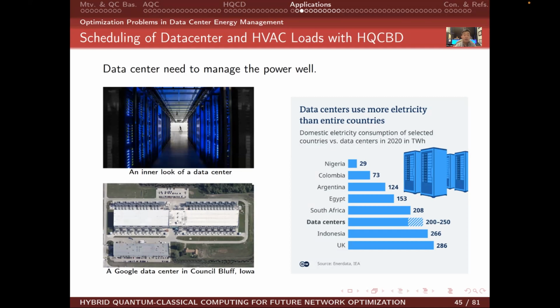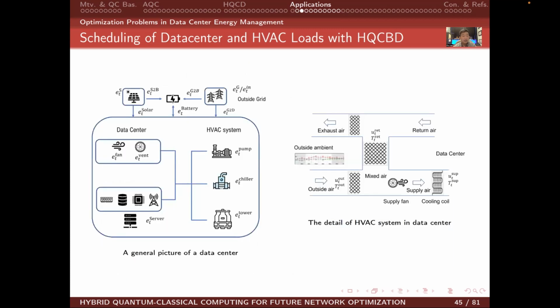So reducing the energy consumption of data centers is very important. Moreover, even though blockchain and Bitcoin are not allowed in many countries, overall this kind of digital currency will also cost more and more energy for data centers. Then there is the scheduling of the data center and HVAC load.